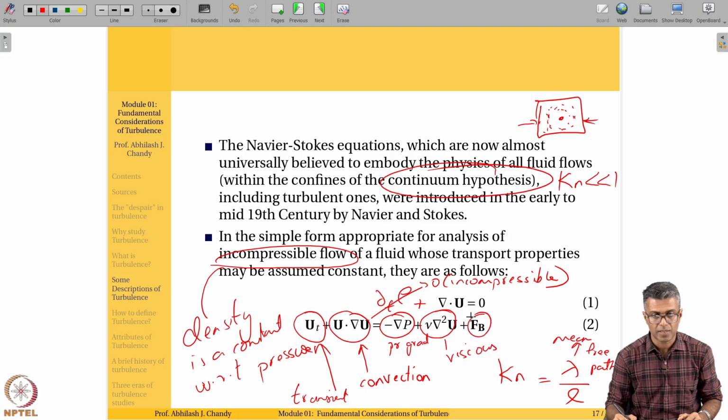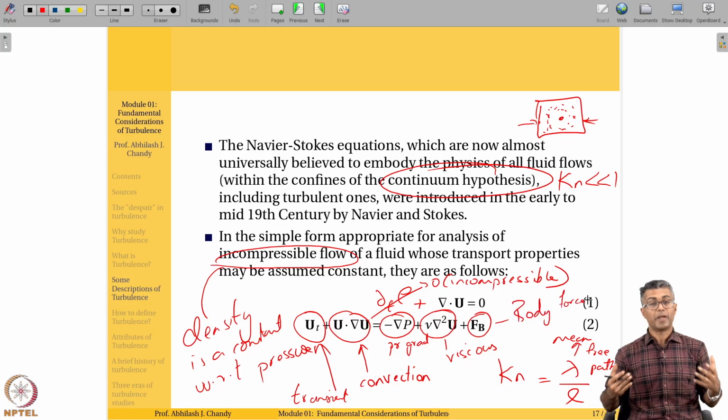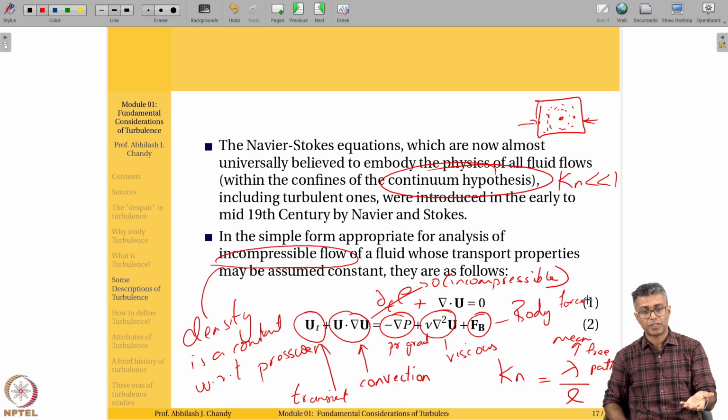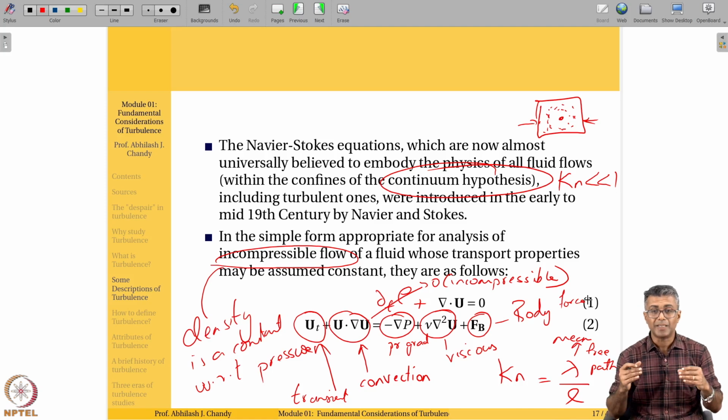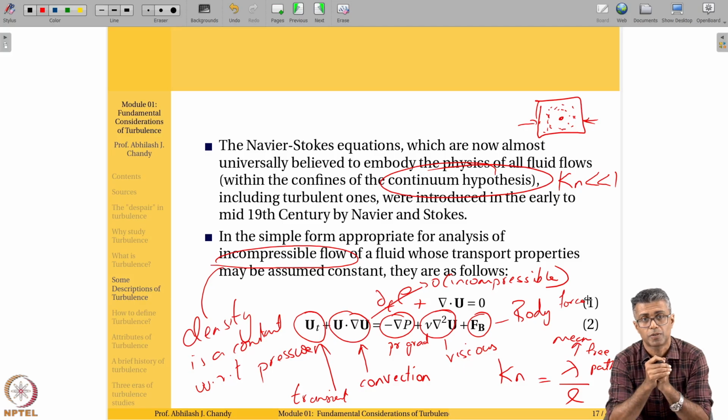And the last term is the body force term. This could be gravity, this could be buoyant force, this could be some kind of centripetal force, some kind of magnetic force, depending on what the application is. But these are your Navier-Stokes equations. This is what describes turbulent flows in general with the continuum hypothesis.